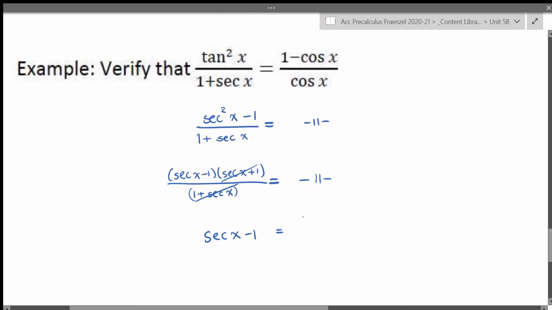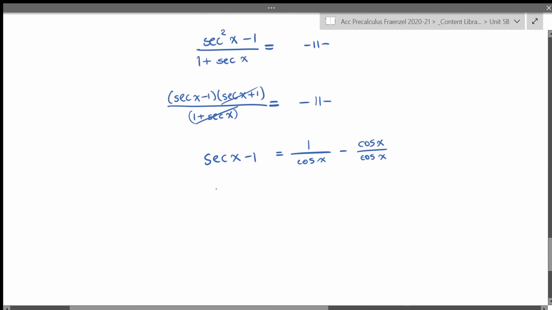We can actually say this is 1 over cosine x minus cosine x over cosine x. Right, you can divide each term by your denominator and split up the fraction again. Well, that tells me 1 over cosine x is secant x, and cosine x over cosine x is 1, so this is secant x minus 1, which is exactly what we are trying to verify.